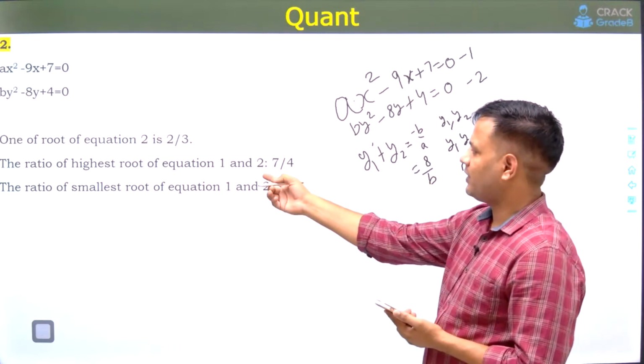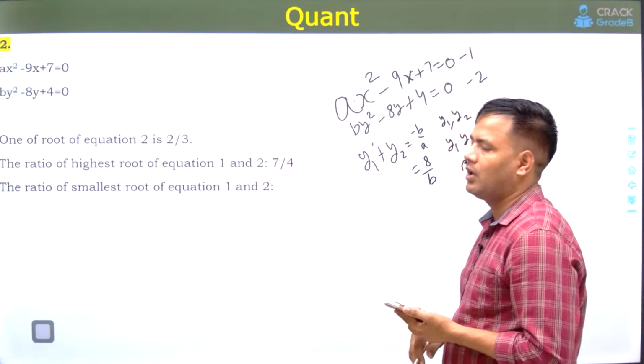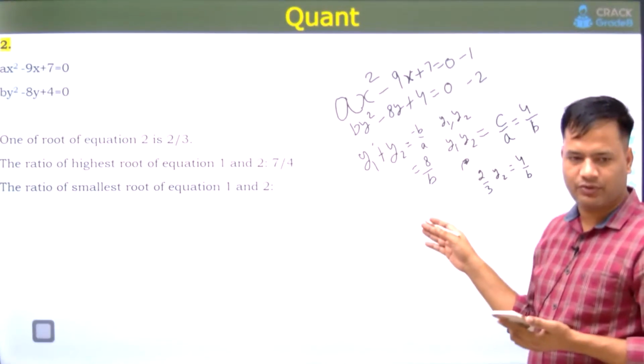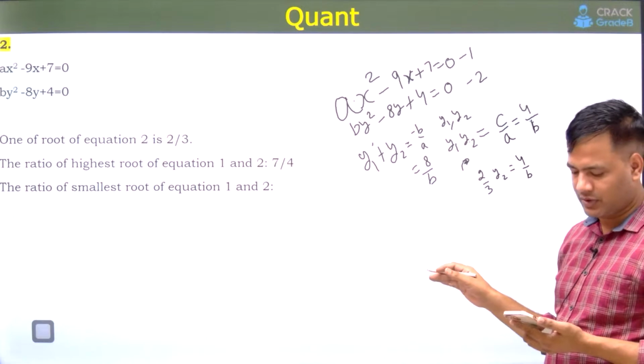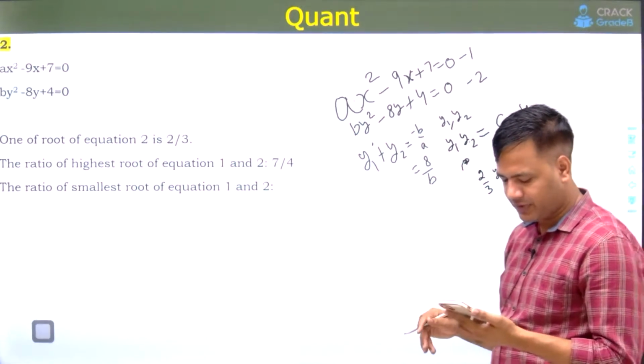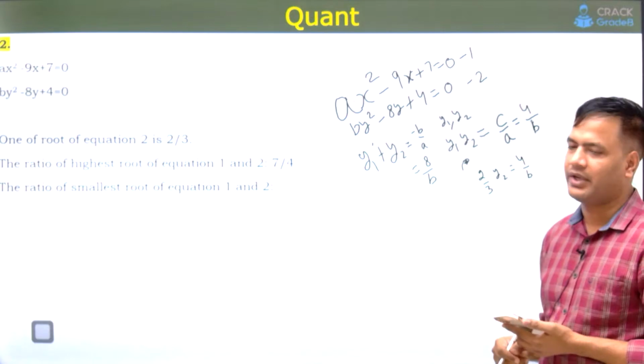And using this equation, the ratio of highest root of equation 1 and 2, we can easily solve this question. We will tell the procedure for how to solve this question only, because otherwise it will take too much time. And finally you will get the values 2 and 3.